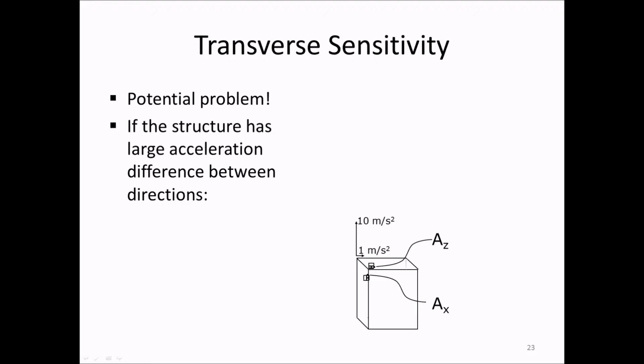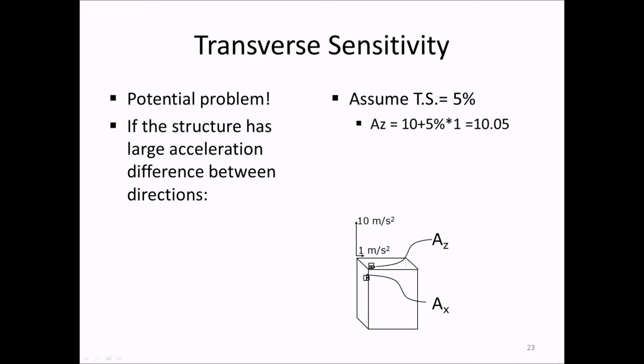Also assume a transverse sensitivity of 5%, which is a common number, although in the high end. Now, the output from the vertical sensor will be 10, the true level in the vertical direction, plus 5% of 1, the level in the transverse direction. This equals 10.05, which is of course fine.